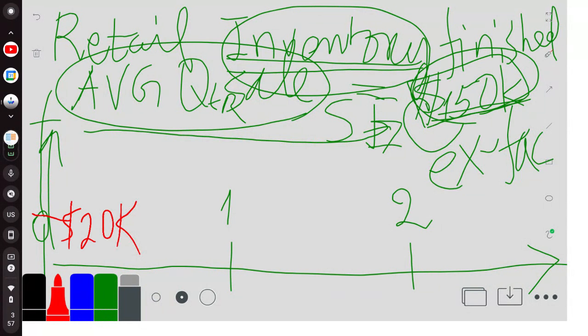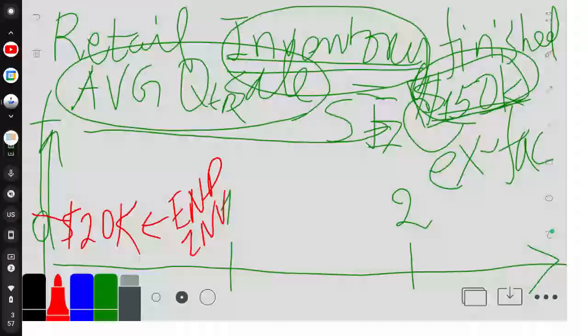Where did it come from? That's the ending inventory from the previous quarter. Ending inventory, what does that mean? Of course, it's left over, unsold, right? Ending inventory is the inventory left over from the previous quarter because they were unsold.